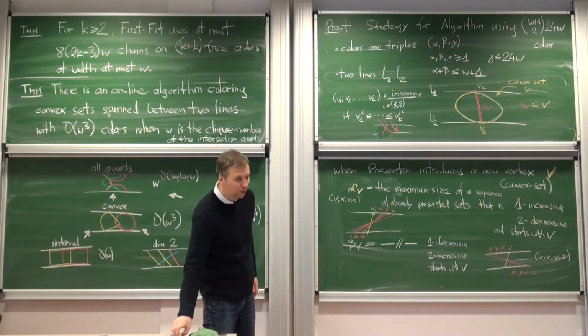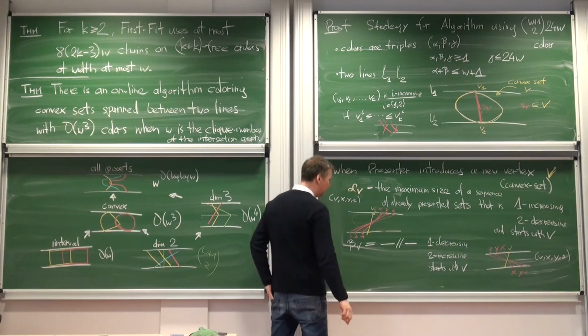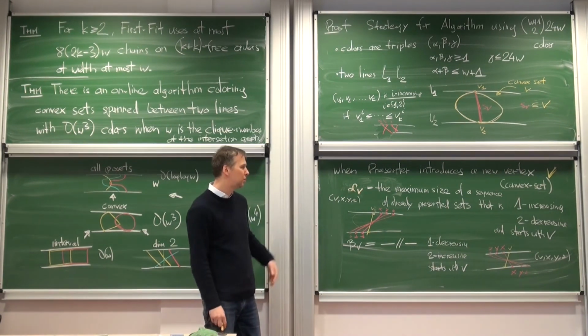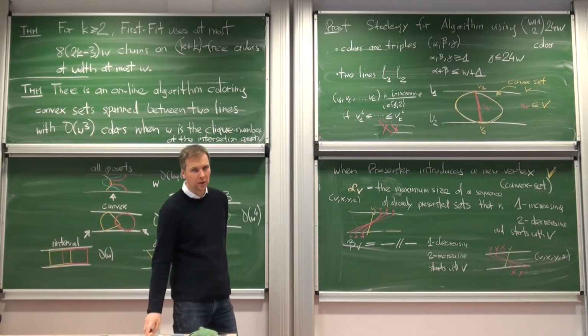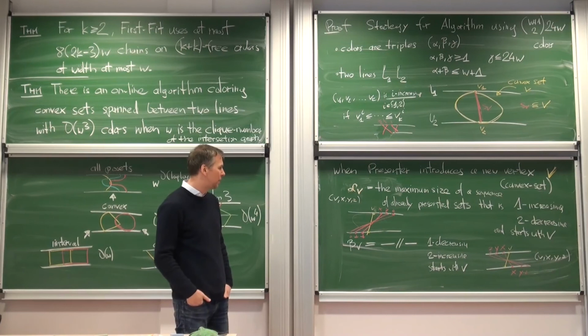We are dealing with V, which is a convex set, and that's just a segment here. But in order to talk about increasing and decreasing sequences in this context, it's just the segments that matter.